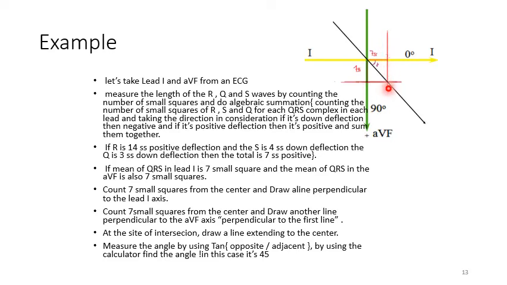So at the intersection, we draw a line that passes through the center of the axial reference. This is going to be the cardiac axis.